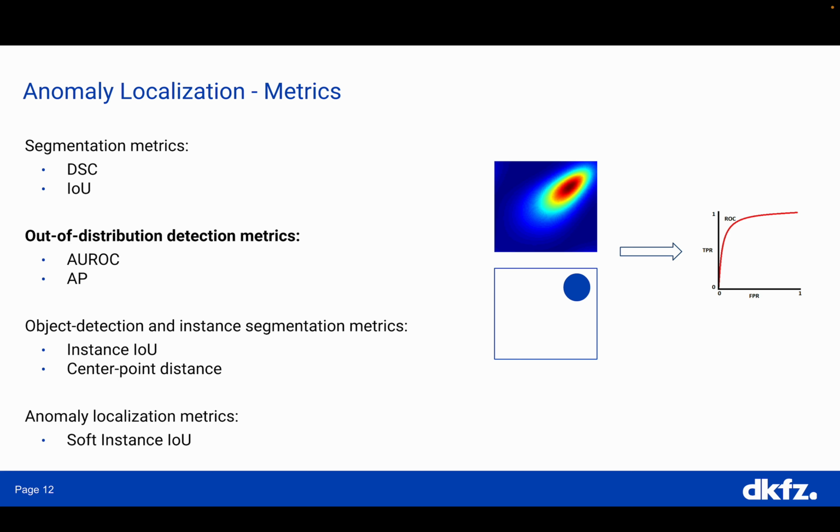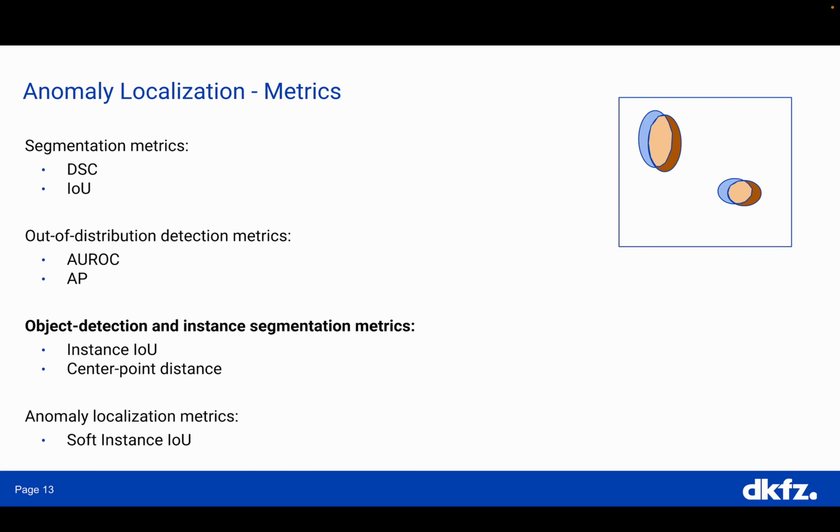Next, you can also use object detection metrics, and here again, first binarize predictions and convert them into segmentations and objects, and then calculate the metrics on an object basis. For example, you can calculate the per-object IoU or center point distance, which calculates the distance between the center points of the ground truth and the object, or you could even use a heat map or center of mass for that.